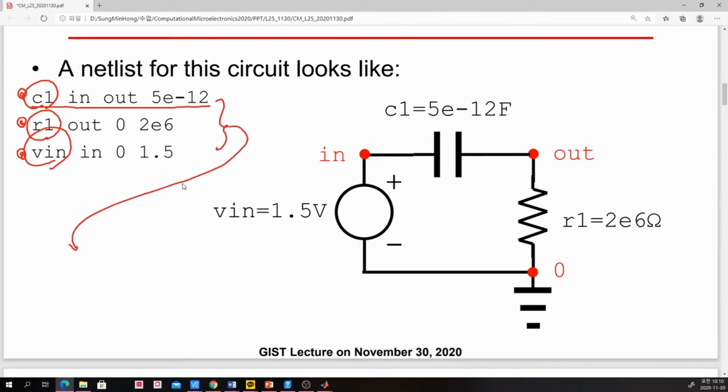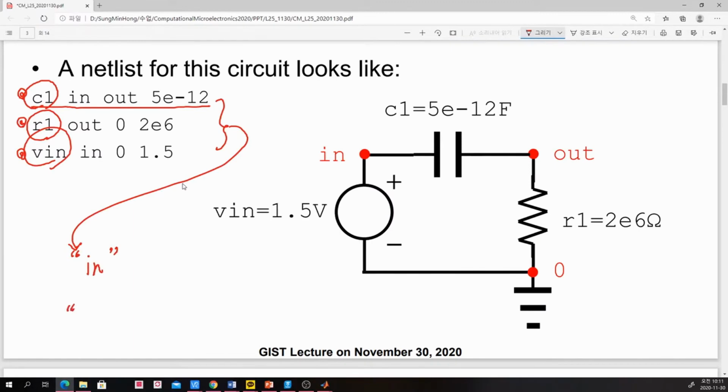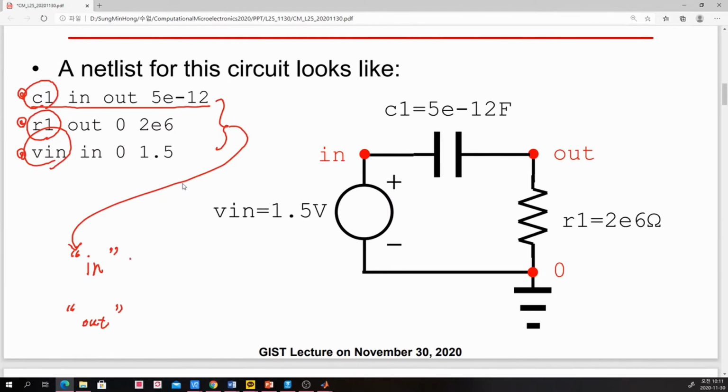You have to also have information about the in node, and you have to have information about the out node. What is it? Which information is required for the in node and out node?